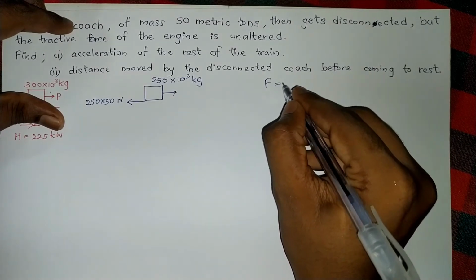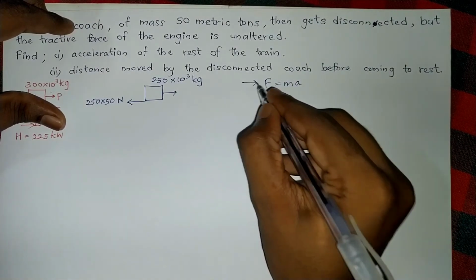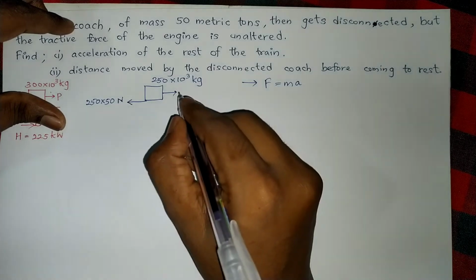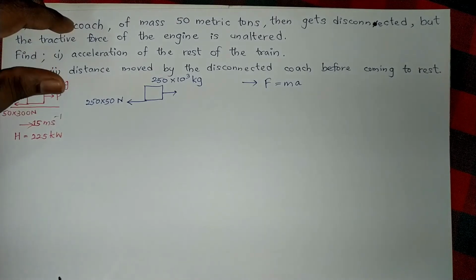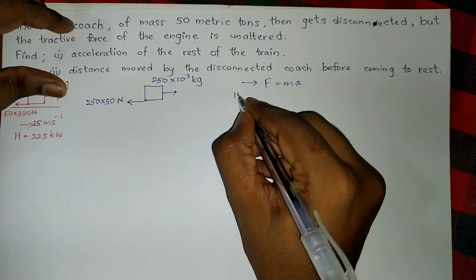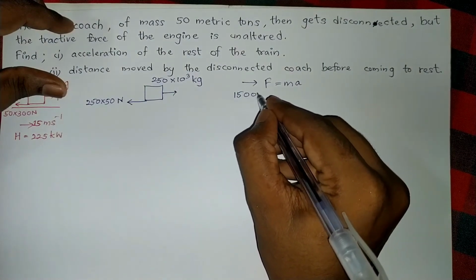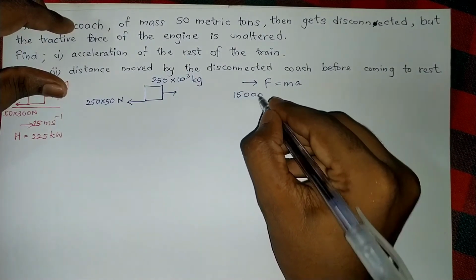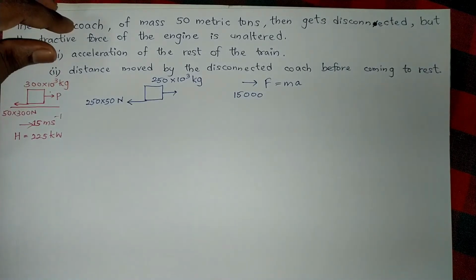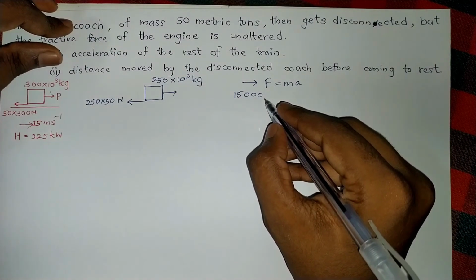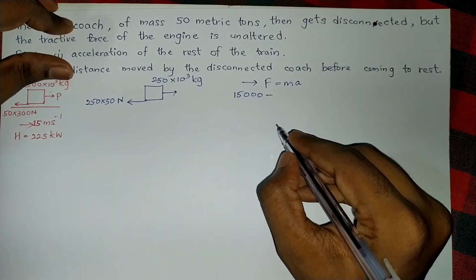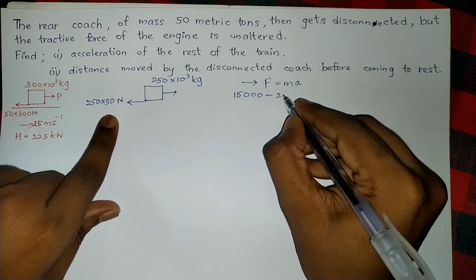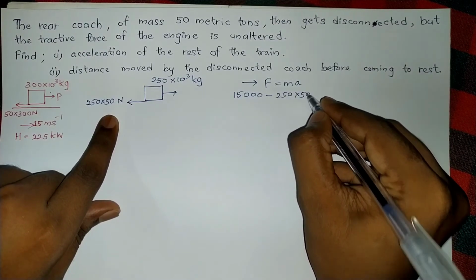Now we have to apply F equals ma forward. The total forward force is given by the engine, which is equivalent to 15,000, because the initial traction force was 15,000, minus, now there is a resistance of 250 into 50.